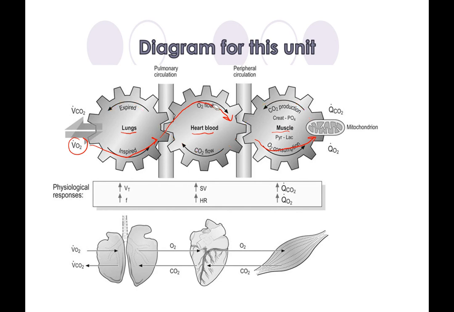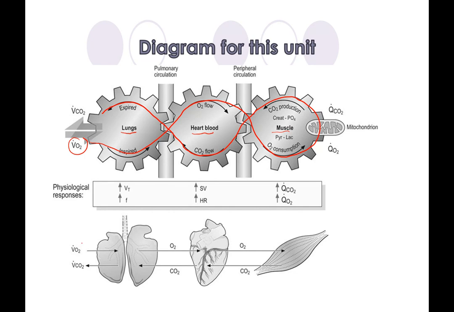So the general idea of this diagram is we're using what we know about cogs and wheels. We're breathing in, moving the oxygen through the blood to the cells, where we then turn it into carbon dioxide, which flows back through the blood and the heart and eventually gets breathed out. Okay. If you don't like that one, you can look at this one.